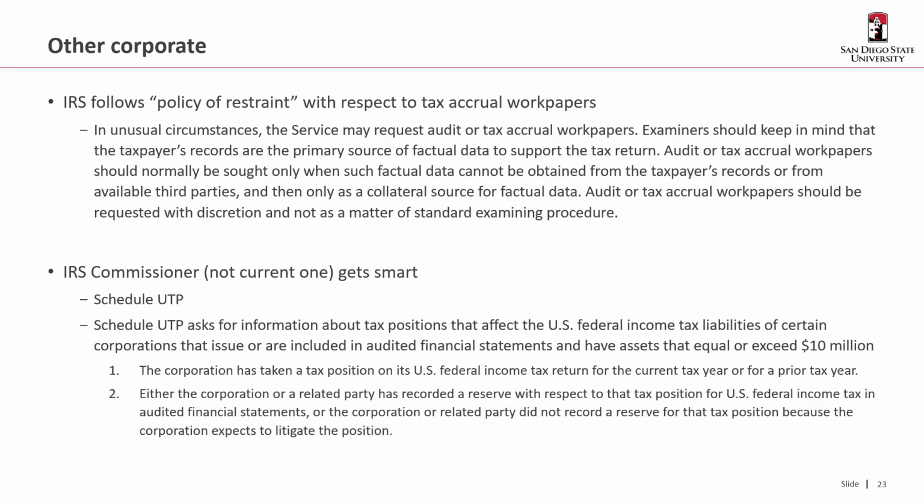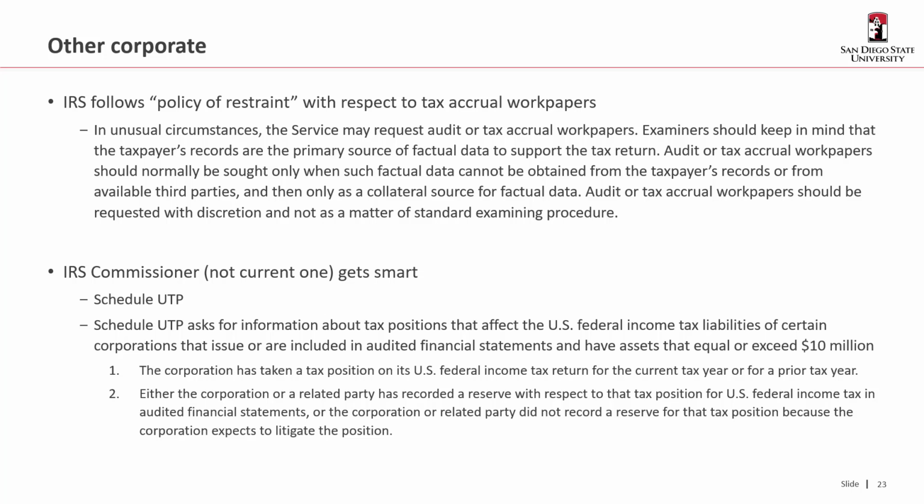And the corporation has taken a tax position on its U.S. federal income tax return for the current year or prior year. And there's some form of reserve on their books for that item.